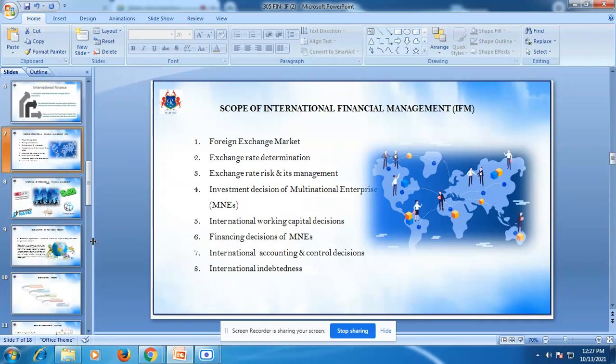Then the third function of international financial management is selecting a source of finance. After preparing the capital structure, the appropriate source of finance needs to be determined.